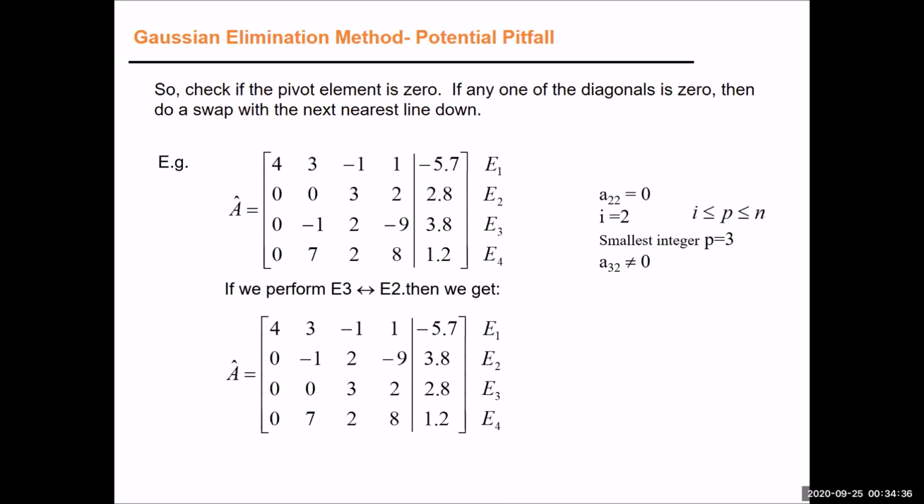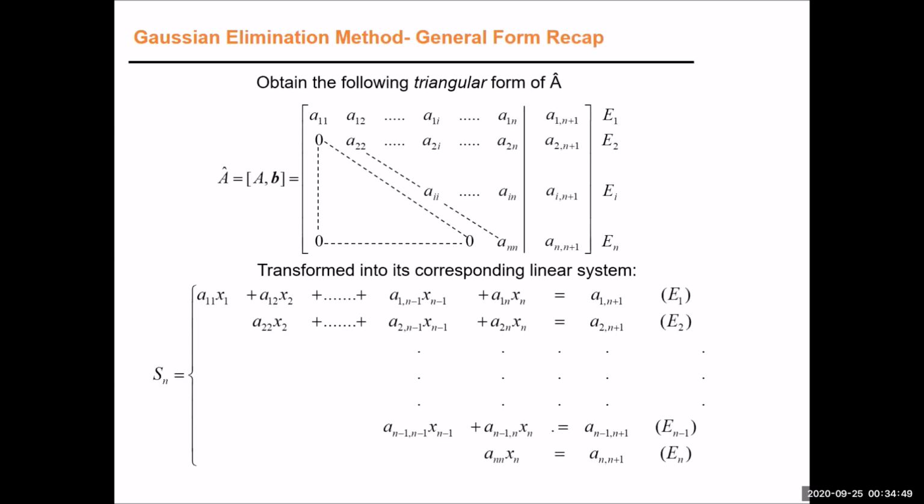Okay, so these are just the general way of expressing Gaussian elimination. You can see that this is the general form of an echelon format. Anything below that diagonal line has got to be 0 in order for you to proceed to the back substitution stage in the Gaussian elimination method.